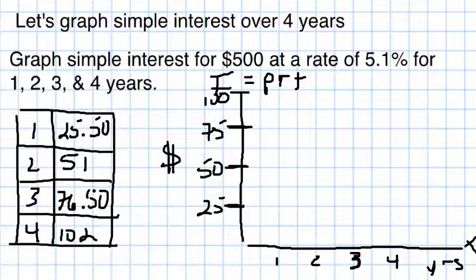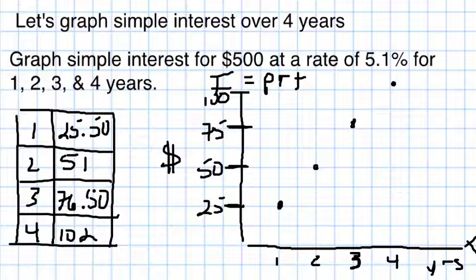So after the first year, I've made around $25. After the second year, I'm going to go over to year 2, and I'm going to go up to $51. After the third year, I've made $76.50, so I'm going to go a little bit above the 75 mark. And on the fourth year, I've made $102.